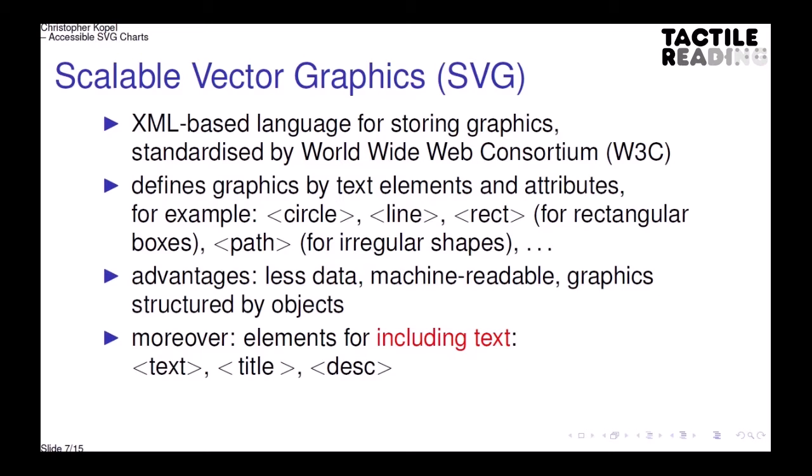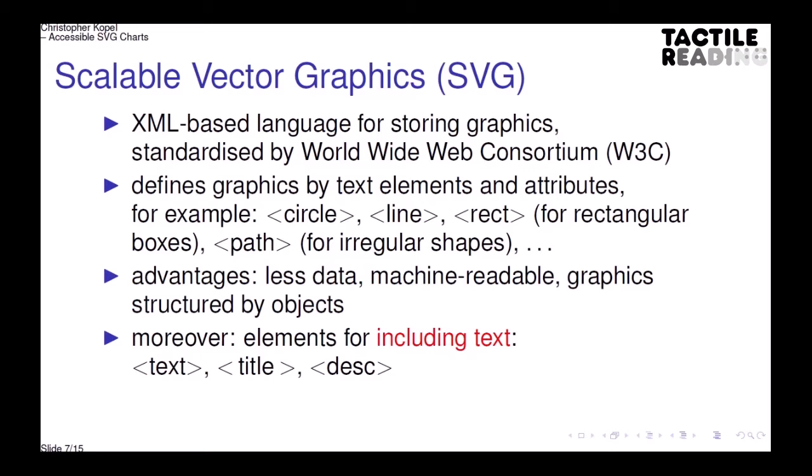It is an XML-based format for storing graphics, which means it stores graphics in a way that they're not composed of pixels, as we know it from JPEG or PNG, for example, but by textual elements enclosed in angled brackets, in less than and greater than characters, as we know it, for example, from HTML.